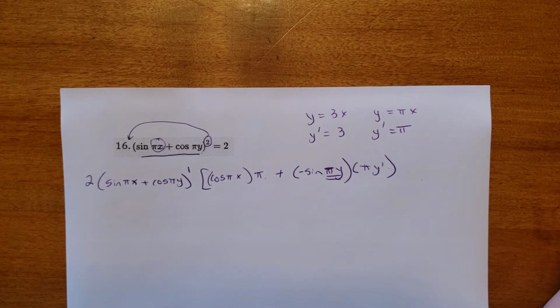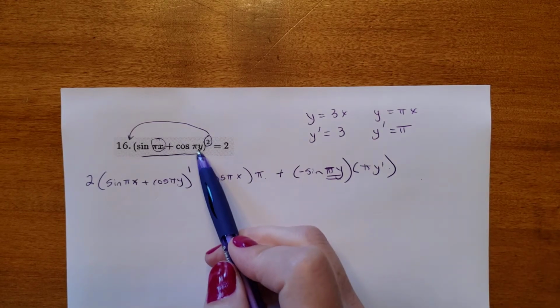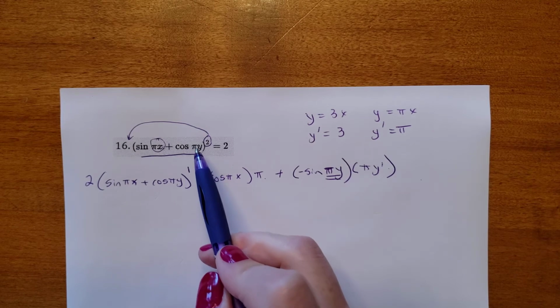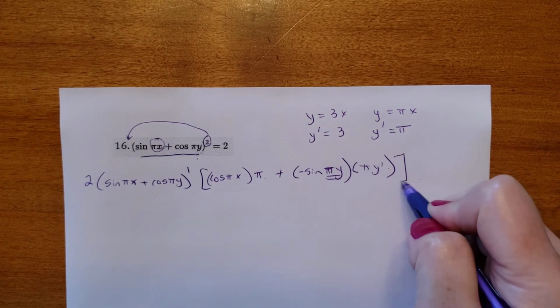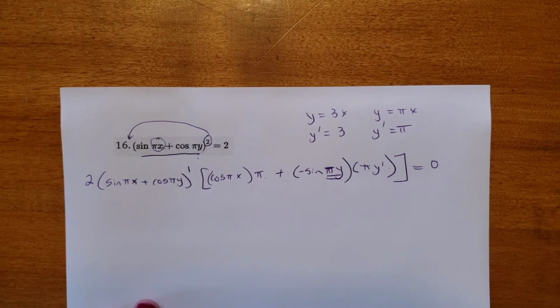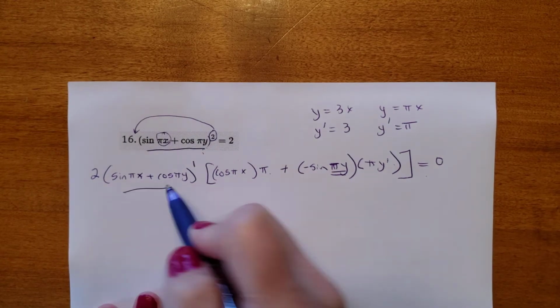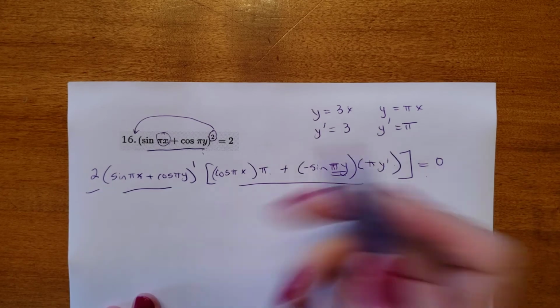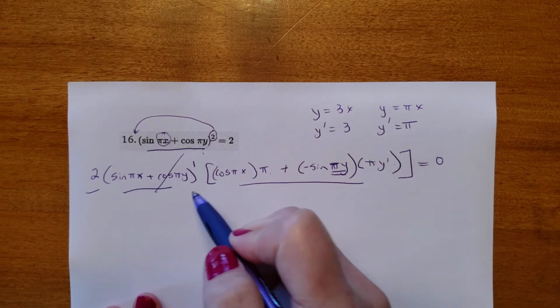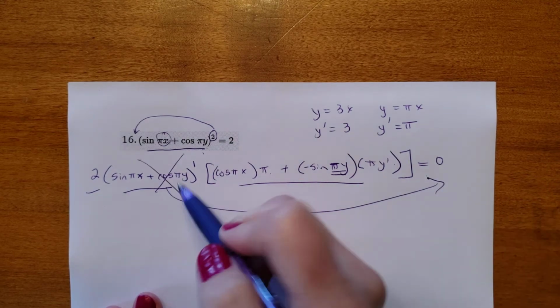So sine pi y, and then the derivative of pi y is pi, but we took the derivative of y, so I have to write y prime. And then the derivative of 2 is just 0. All right, so we have this chunk times that chunk times the number 2, and it's all equal to 0. Why don't we just go ahead and divide by that chunk right now, so it's gone.